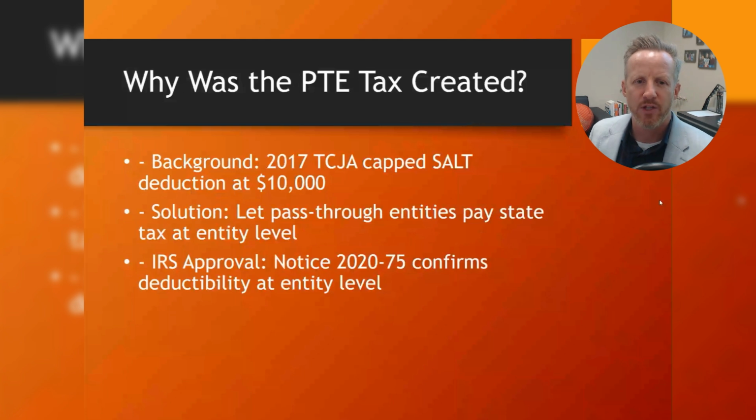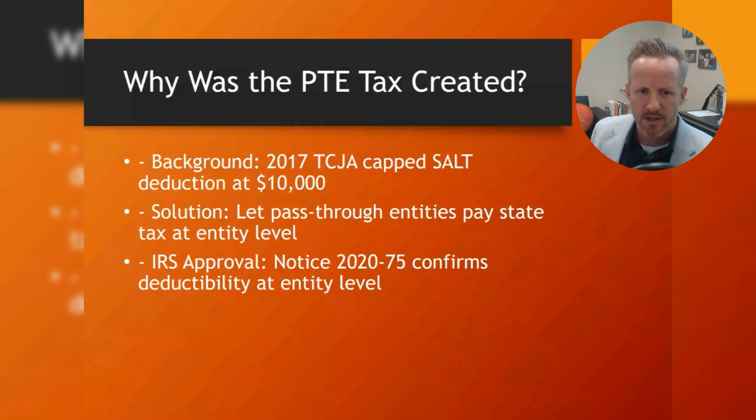So basically now what you can do, I'm trying to keep this nice and organized as a flow for you to follow me. What happened was a lot of the states like California and like New York said, hey, this new Tax Cuts and Jobs Act of 2017 has really harmed a lot of our taxpayers in our state because they're no longer getting a tax deduction for making their state tax payments.